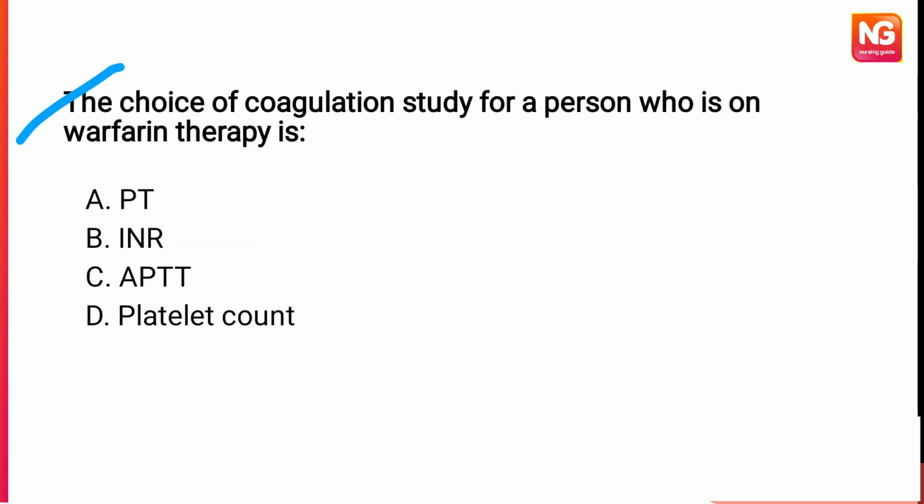Next, the choice of coagulation study for a person who is on warfarin therapy: option A PT, option B INR, option C APTT, and option D platelet count. And the correct answer is option B, INR. The choice of coagulation study for a person on warfarin therapy is INR.